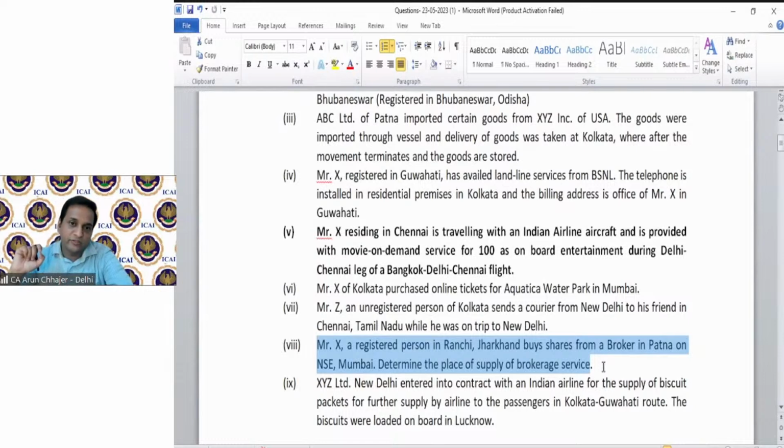What would be the place of the supply? Give me the answer. What would be the place of supply in case of the brokerage services?